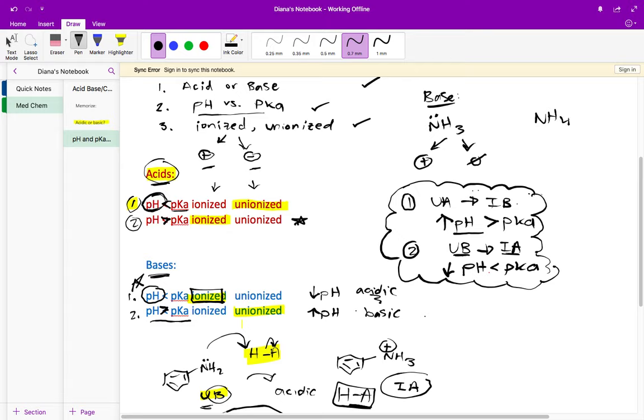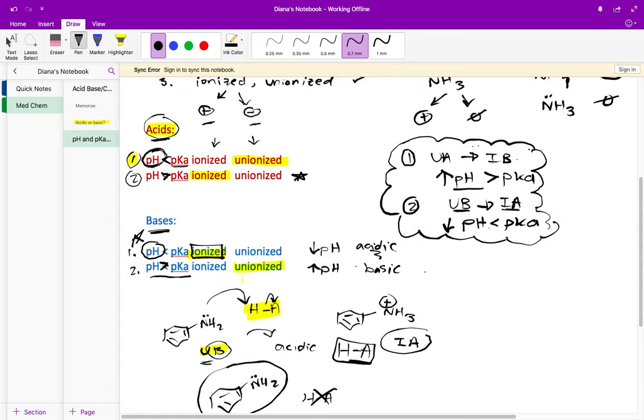So the acidic form would be that positively charged form when it gains an extra proton, so now it has 4 instead of 3. And then the basic form, the neutral form in the basic environment, would just be that NH3. So here I have my positive form and I have my neutral form.